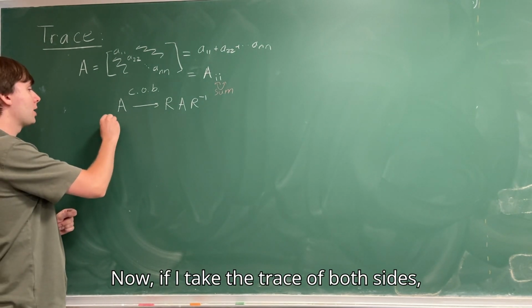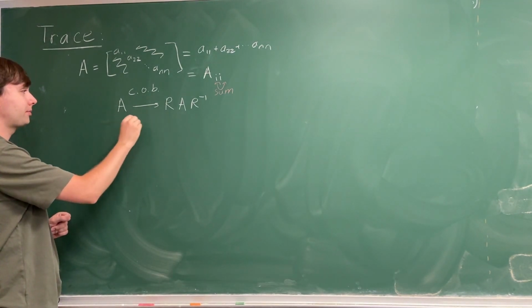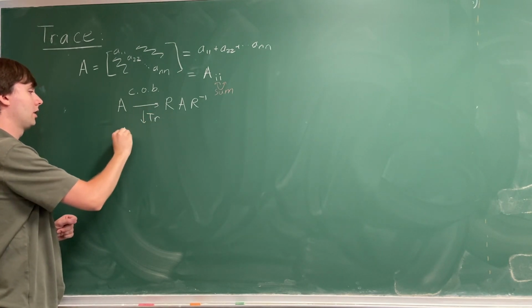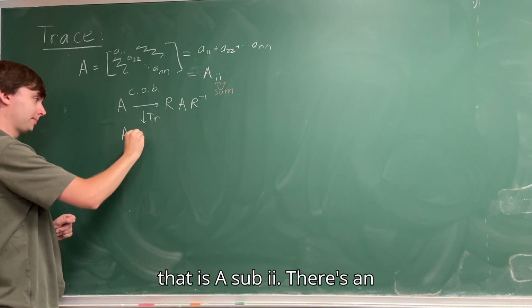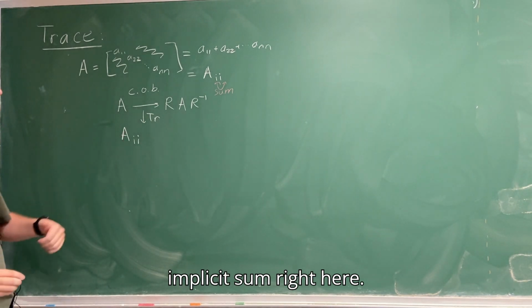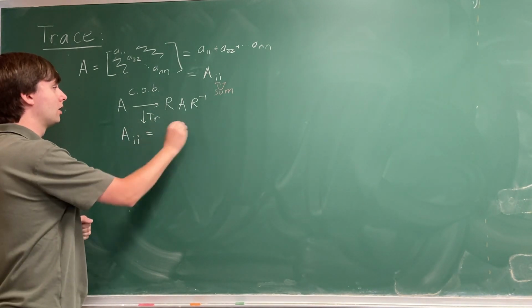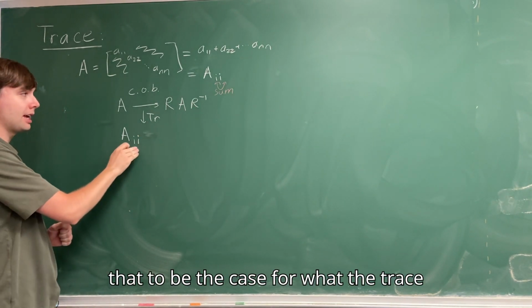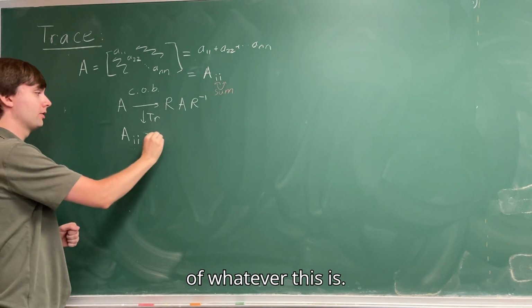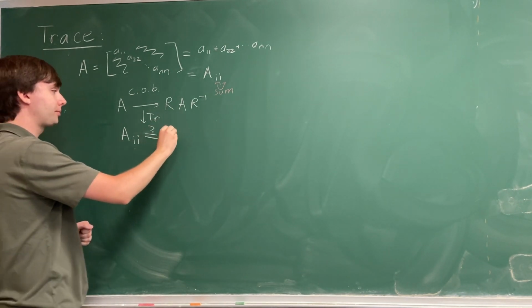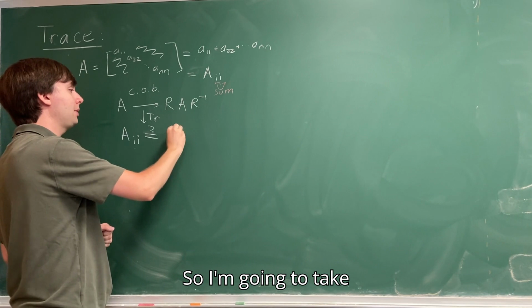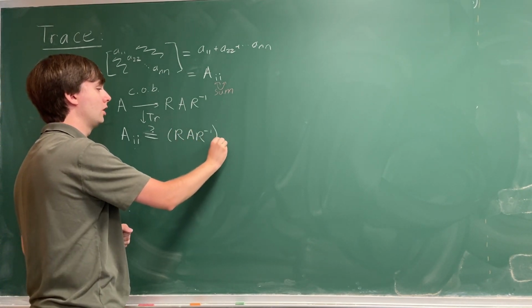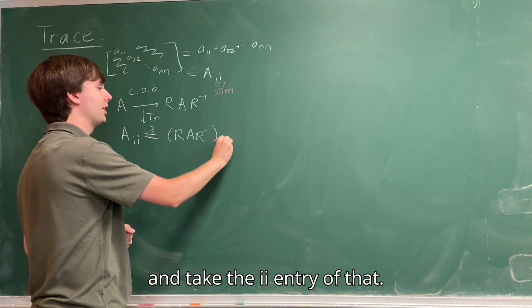Now, if I take the trace of both sides, that is A sub I. There's an implicit sum right here. And we would like that to be the case for what the trace of this is. So I'm going to take R inverse and take the I entry of that.